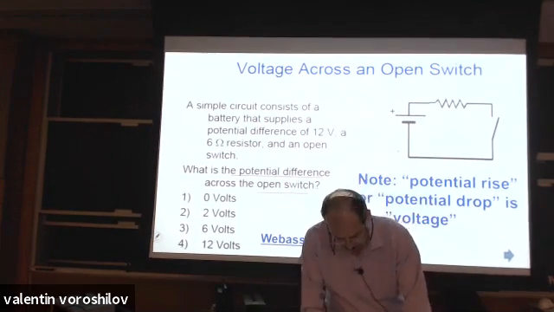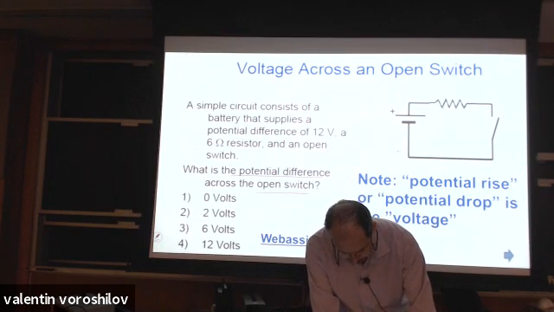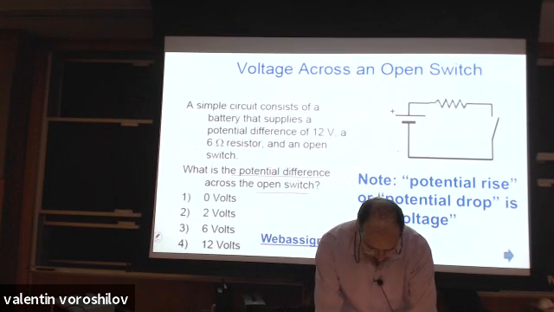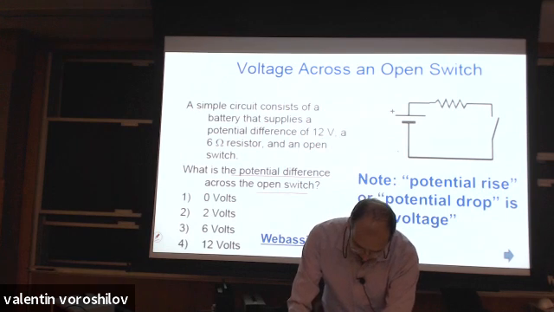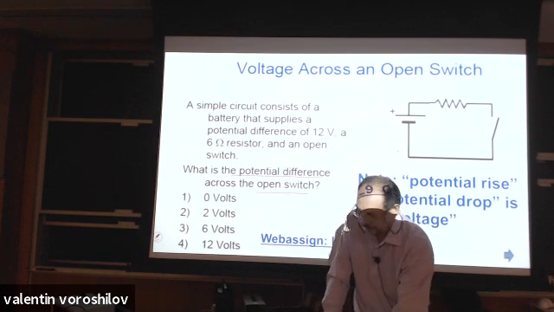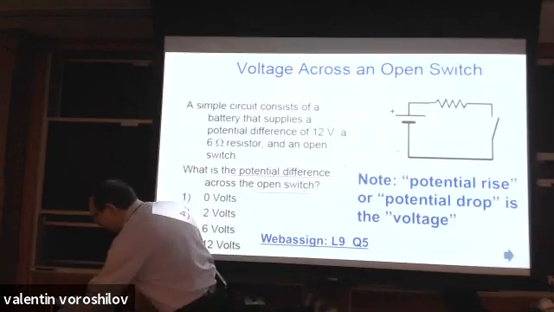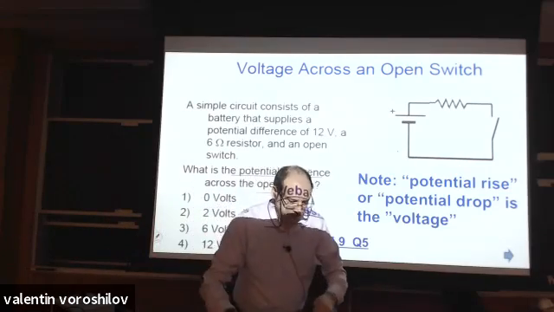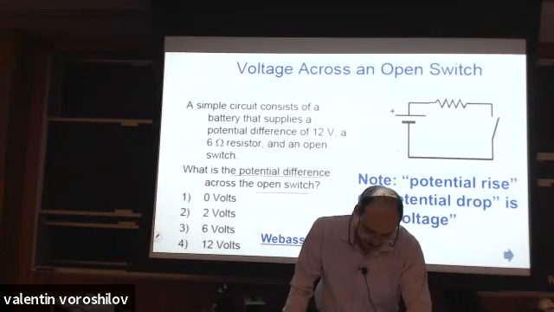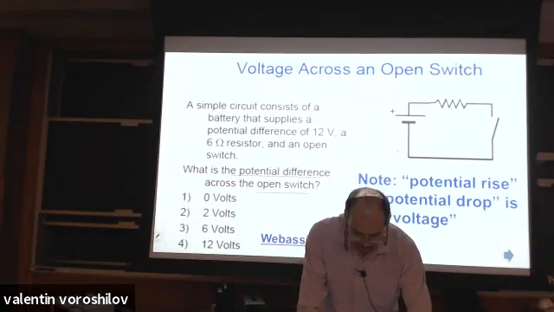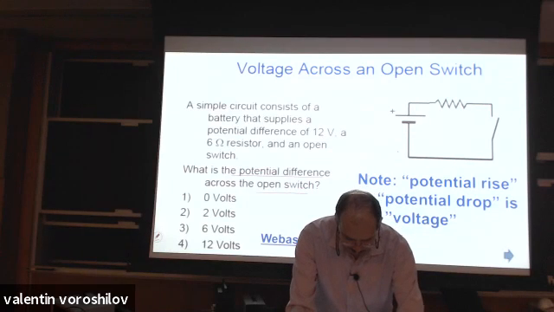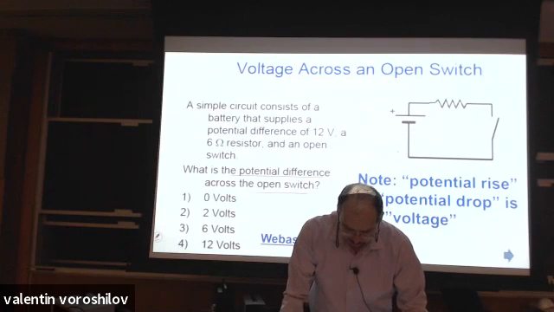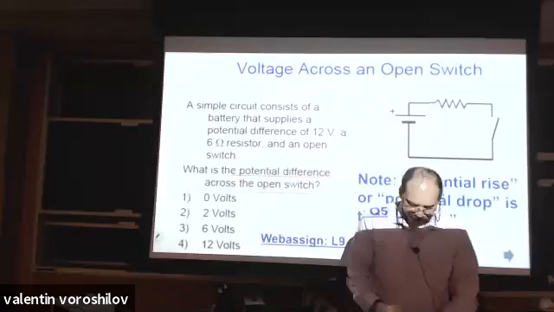Connect battery to the bulb, then to the switch. The switch is open. And now one more wire. The switch is open. Electrons cannot flow. That's why the bulb is off.